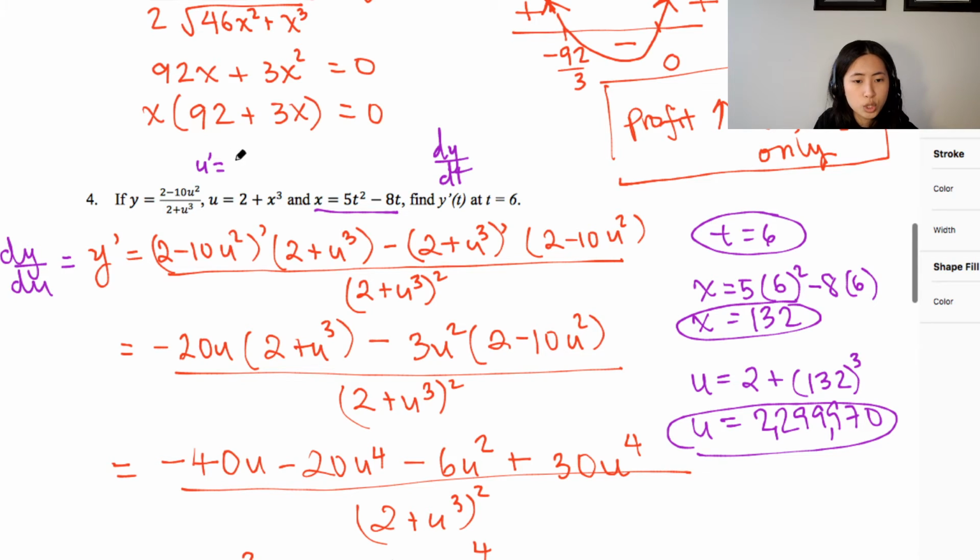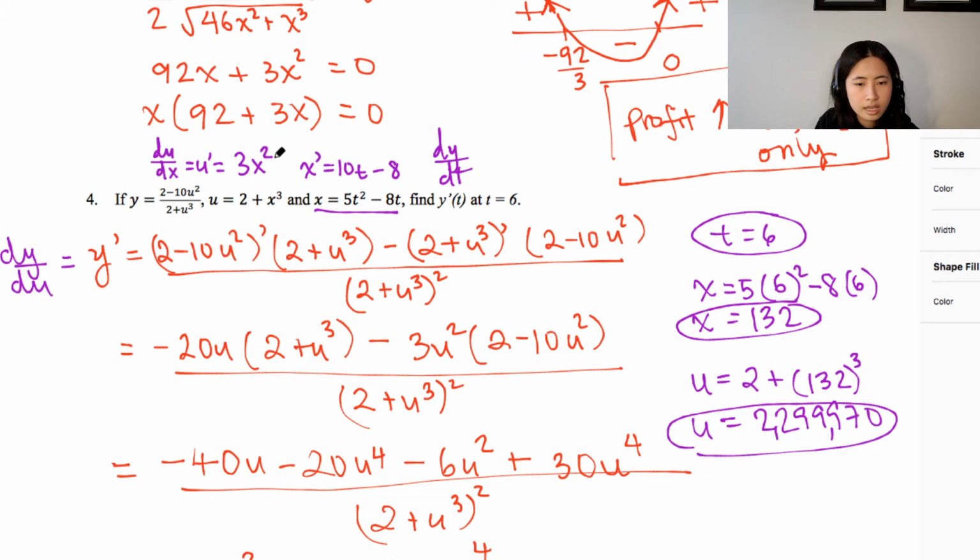And then you have 3x squared, so the derivative of u is actually 3x squared. And then the derivative of x is 5 times 2, 10t, minus 8. Just so you know, this is du over dx.